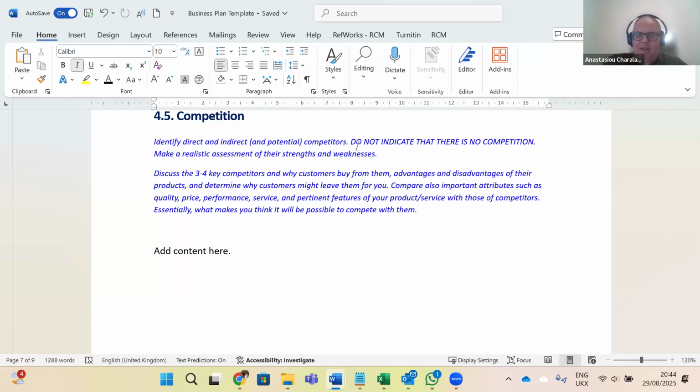It's very difficult to believe that there's no competition. If you go to investors and you say there's no competition, they're going to be very suspicious, to be honest with you. So your job is to identify 3 or 4 key competitors, understand why customers buy from them, and then position yourself to have some kind of competitive advantage. That's why you do this work.